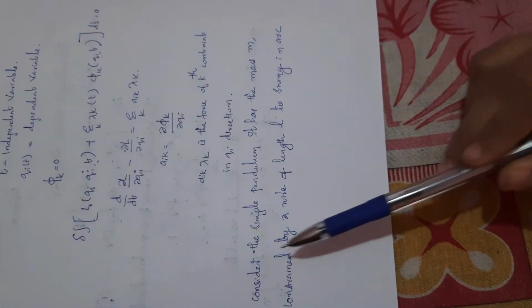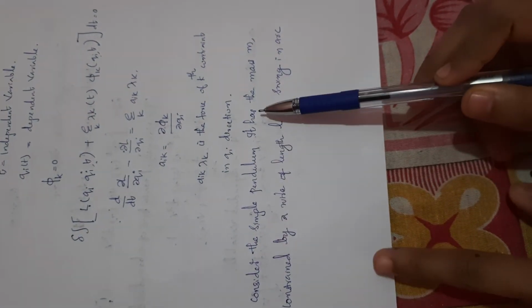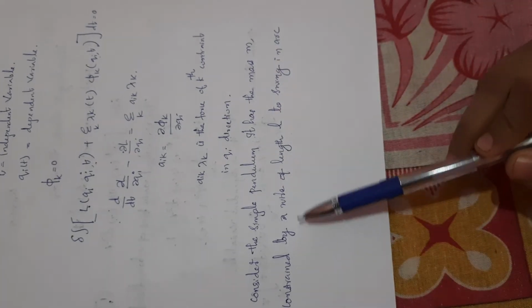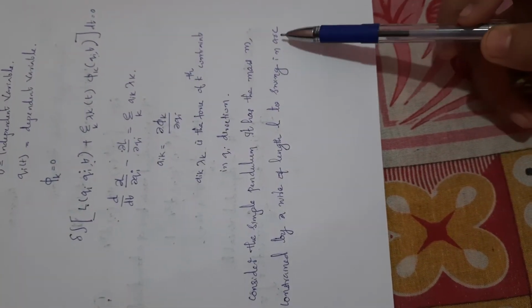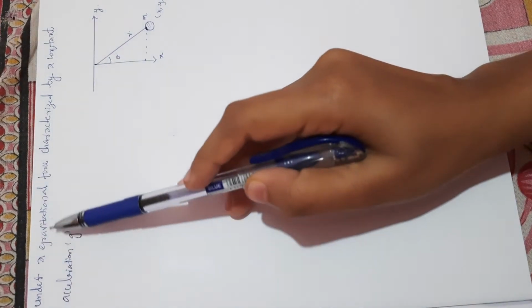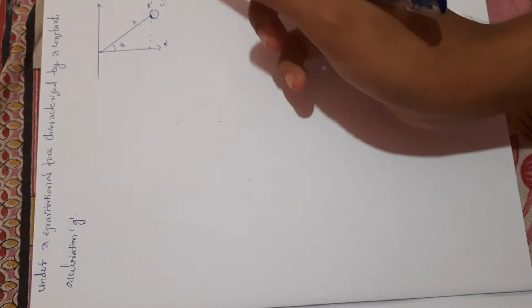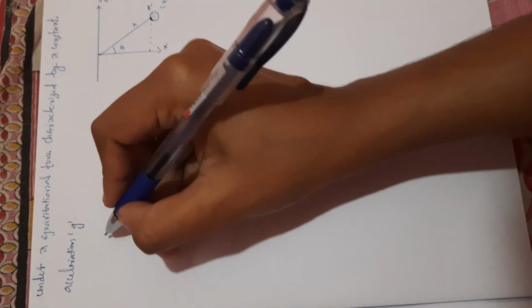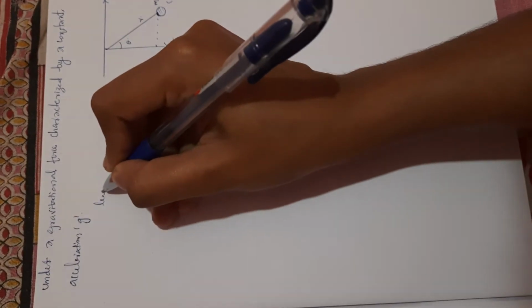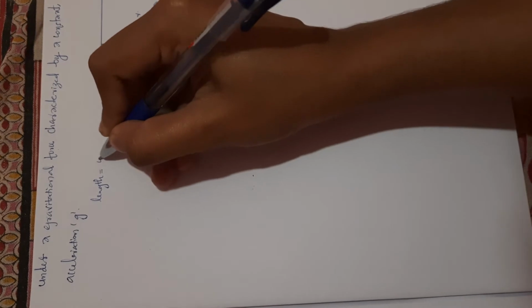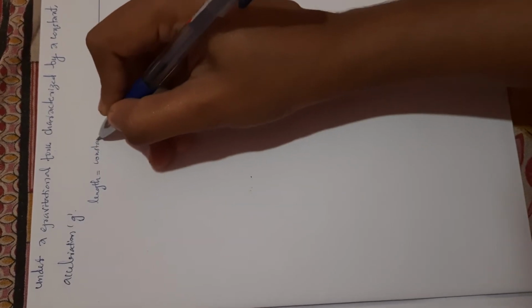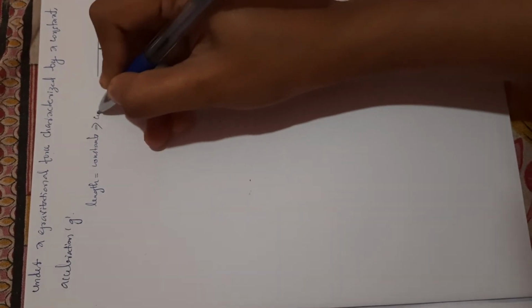To illustrate, we can consider the simple pendulum. It has a mass m constrained by a wire of length L to swing in an arc under a gravitational force characterized by a constant acceleration g. Here, in the case of the simple pendulum, the length is constant. That is our constraint.